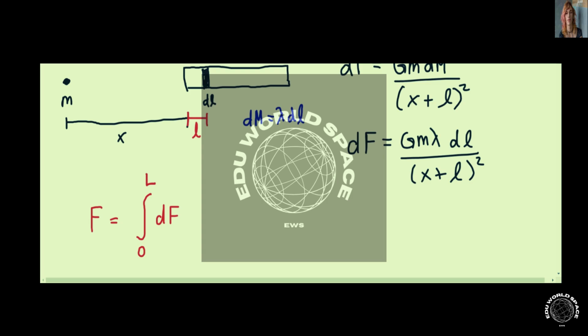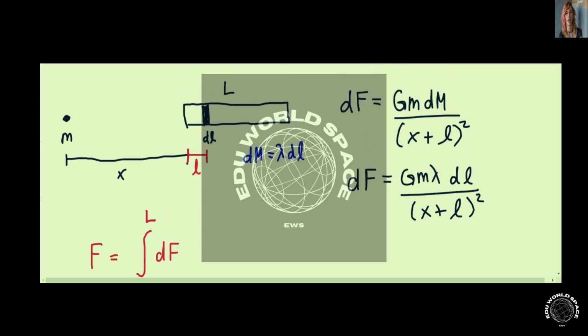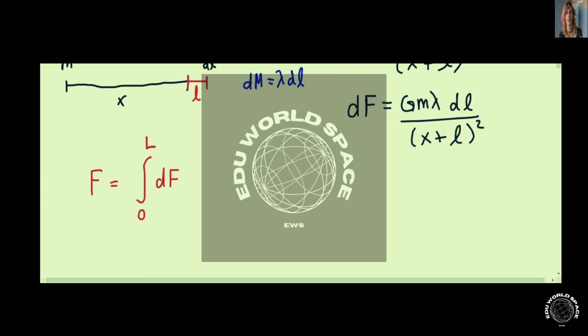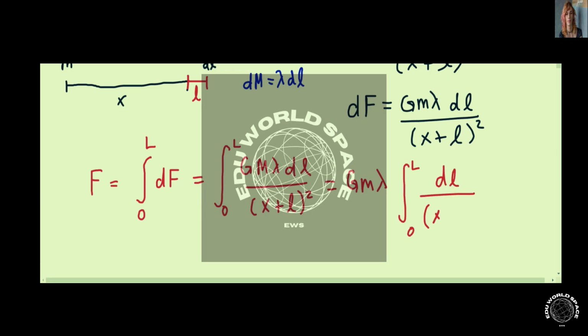So l is going to start at 0 and it's going to go to the complete length of the rod, capital L. So then I am going to just substitute in my expression that I found for dF. And just to make everything a bit more clear, I'm just going to take the G lambda out because that's all a constant and we can just focus on the part with the variable for the integral.